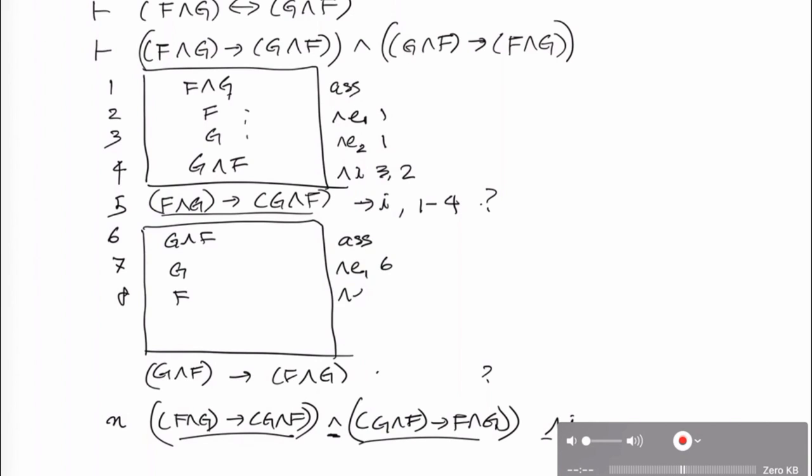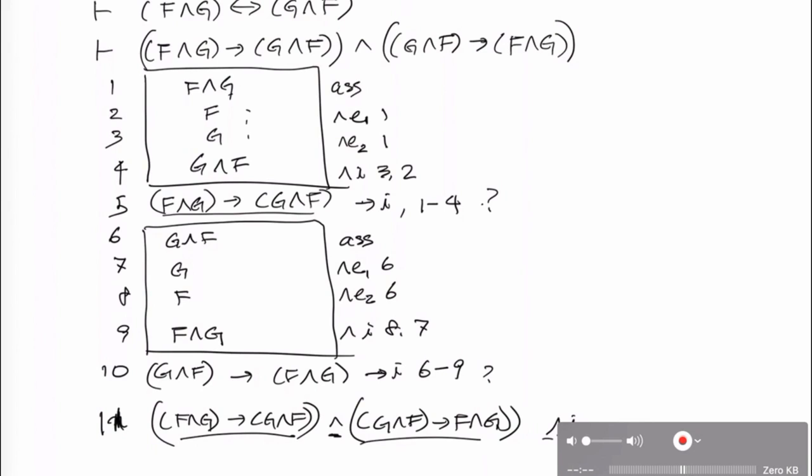This is conjunction elimination for the same line, and then we use and-introduction for lines 8 and 7, so that gives me f and g. That becomes line 10, implication introduction for box 6 to 9, and then this becomes 11. And now we know what it is. We filled out this justification before, and and-introduction is applied to lines 5 and 10.